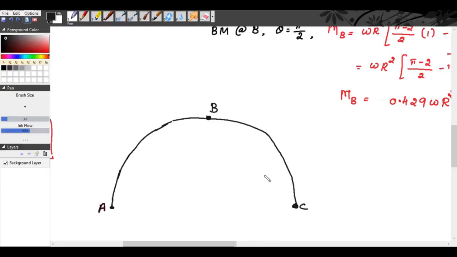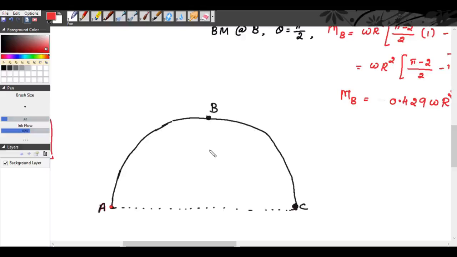So when you take AB, at A, your bending moment is 0.